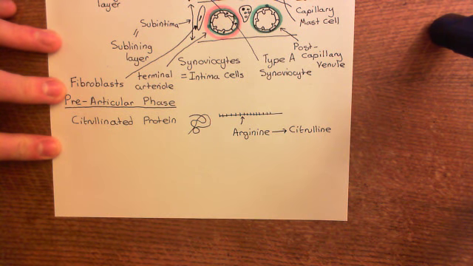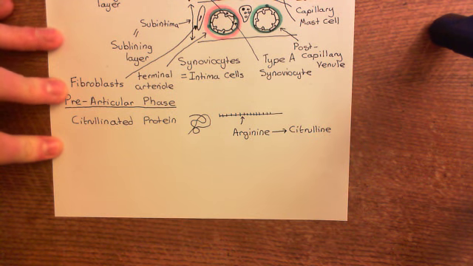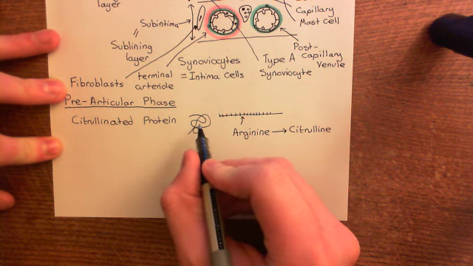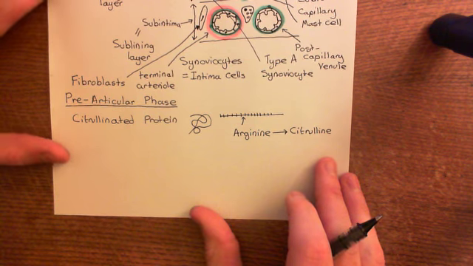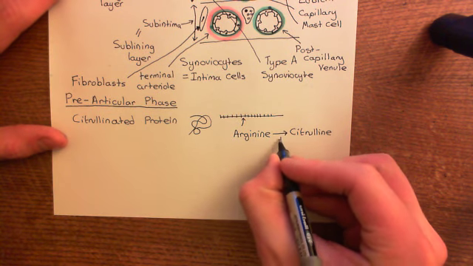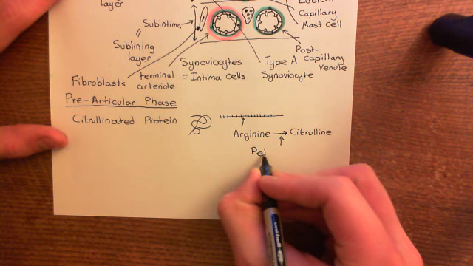Instead, what you have to do is make the protein with arginine in, and then it will be converted to citrulline once it's in the polypeptide. So once the arginine is within the protein, you can convert it to citrulline, okay? And this conversion is done by an enzyme known as peptidyl arginine deaminase.